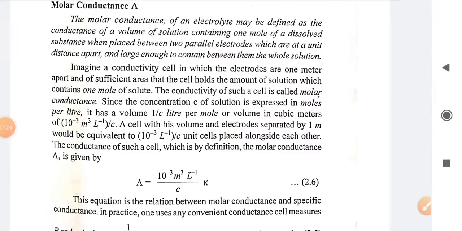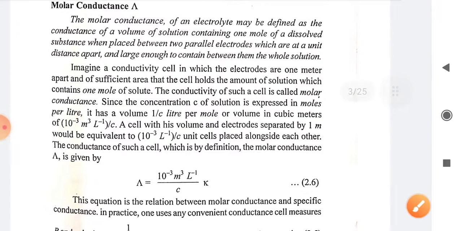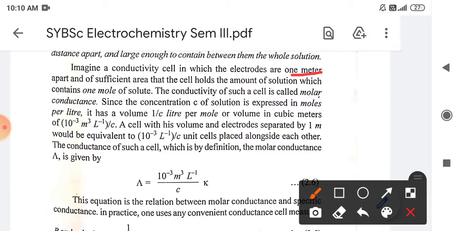So consider the conductivity cell in which the electrodes are placed 1 meter apart, and sufficient area has been given so that the solution can be placed in the container. Okay, and the concentration of the solution is 1 mole. Now the conductivity of such a cell is simply the molar conductance of a solution.